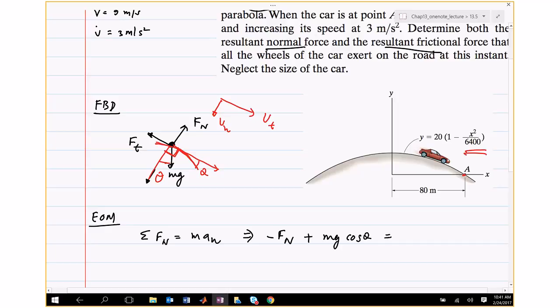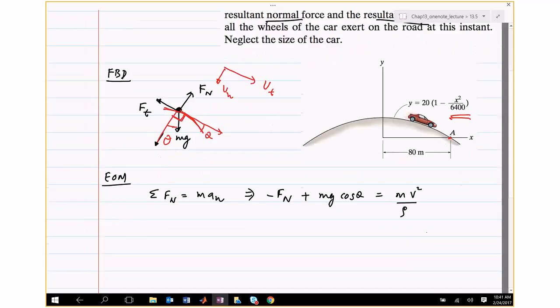Equals mass times the normal component of the acceleration, which is simply, oh, that's tangential, that's right, v squared divided by rho. Okay, that looks right. Summation Ft is m at.